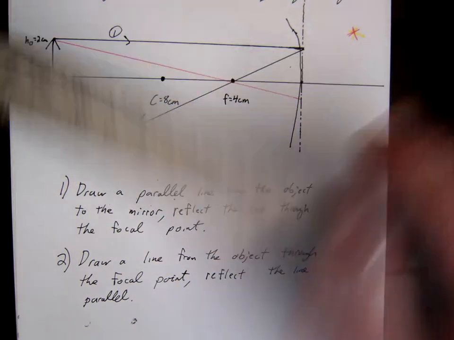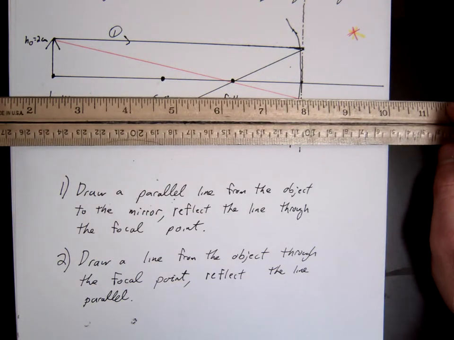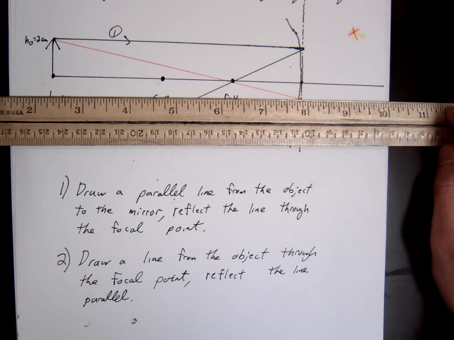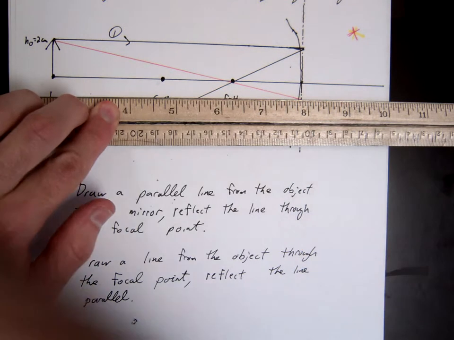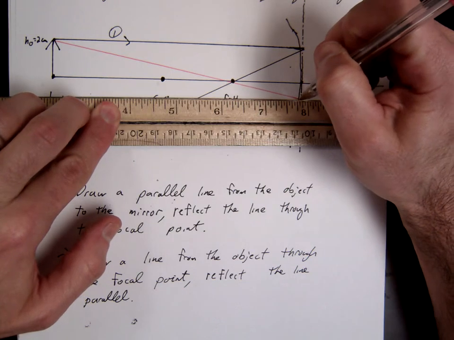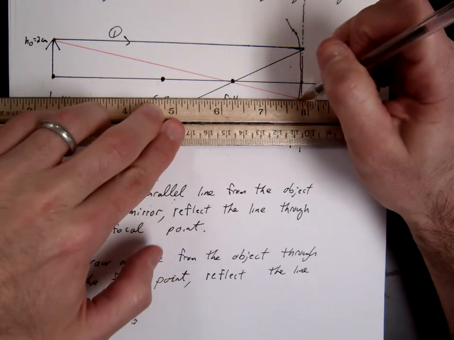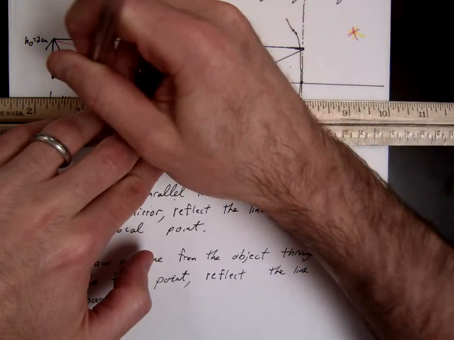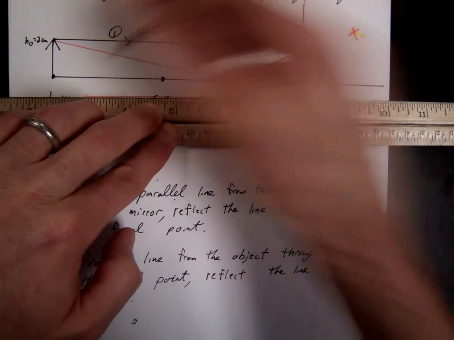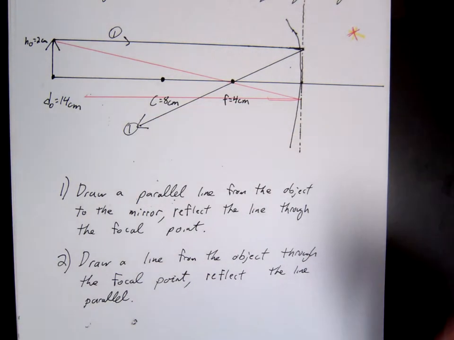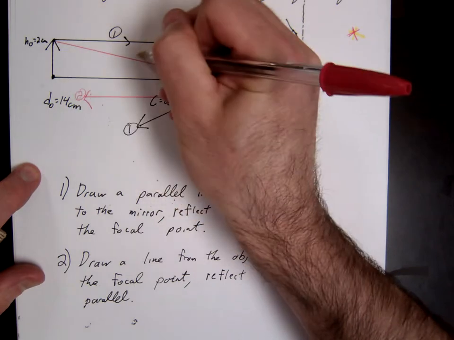Take your ruler, line it up, make it parallel. Okay, looks like that. That's beam number 2. The red one is beam number 2.